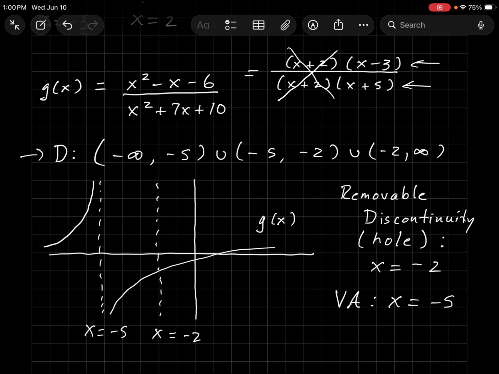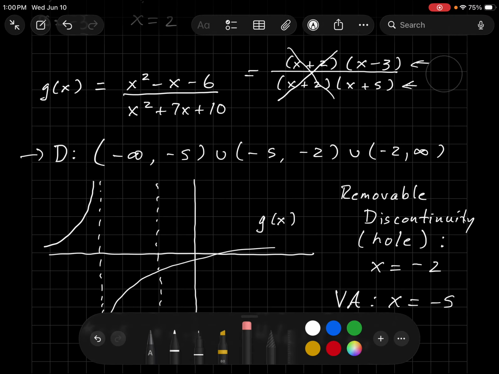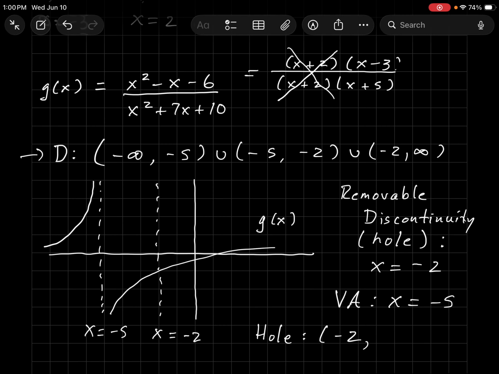Let's do a little bit more analysis of our hole. I already know that it's at x equals -2, but I can also find the y value for the hole. And I can find it by plugging in the x value, -2, into my original function, but without the part that got canceled out.